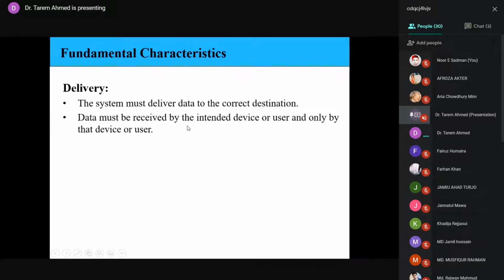In this class we have 30 students registered, so this lecture must reach all 30 of you and exactly these 30 of you. That is what delivery means. You receive it as an intended user, and only by that device. It's very obvious, but when you define, you have to include it, to make the definition concrete.